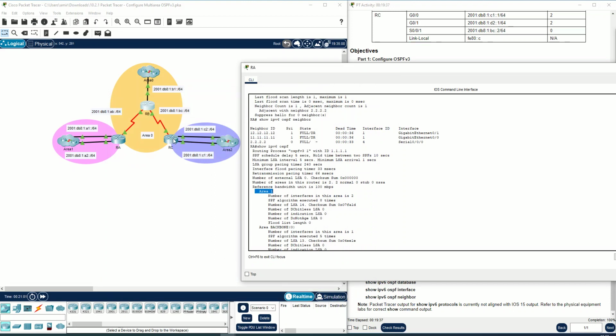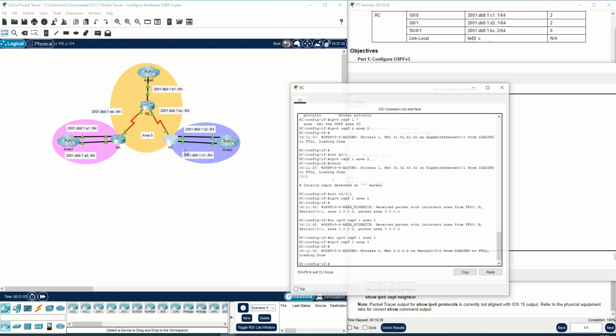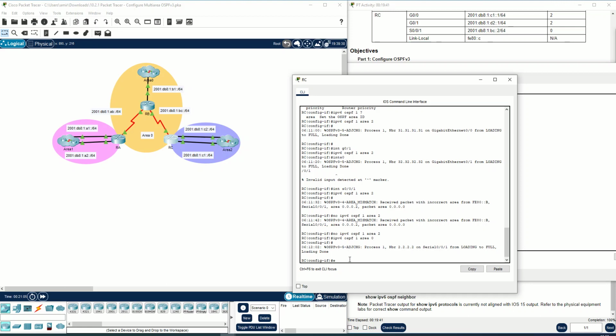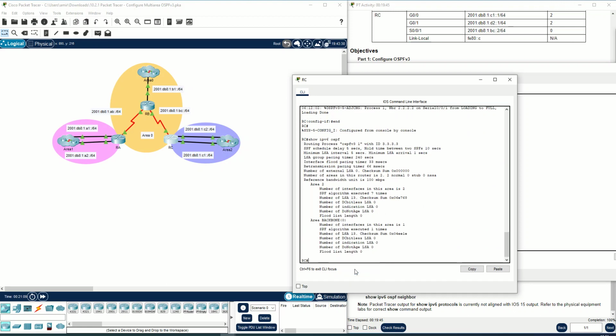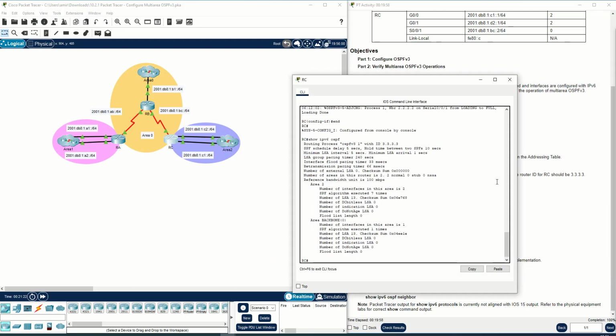This is router A, excuse me. It is in area 2 and also has an interface in area 0. The number of interfaces is 1, and there is some information about LSA also.